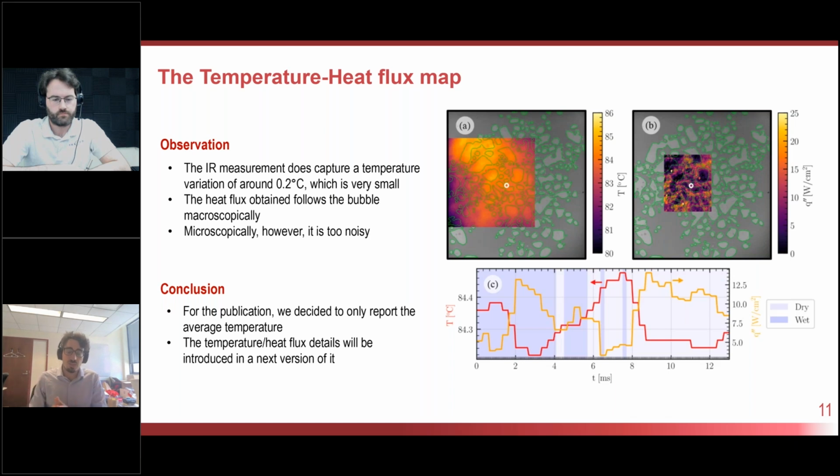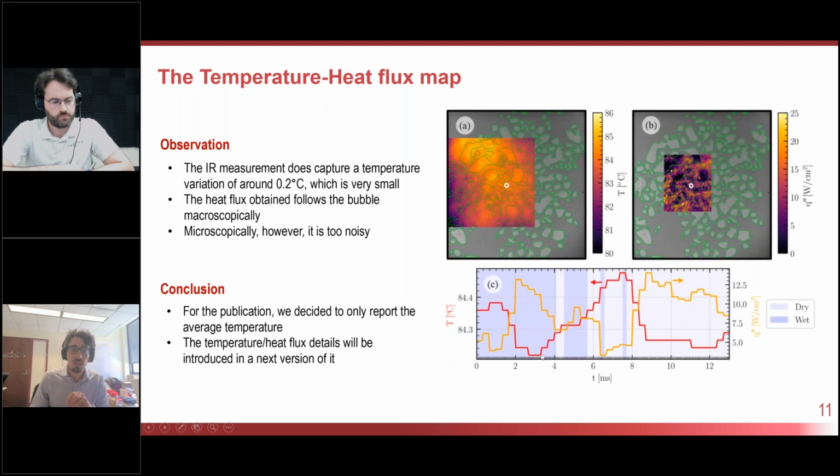So clearly from the image that I showed you before, we can infer that we are measuring the right thing, but for FC72, this process is not as clear as you'll see in water. So we decided not to publish it for now, and we are working on it to make it better. But I wanted to show you because we are very close to getting this working.